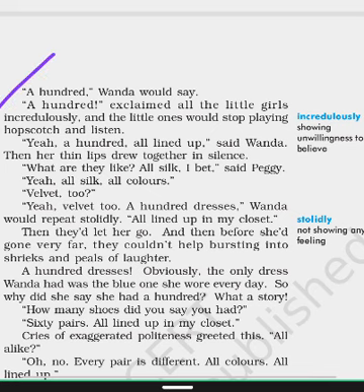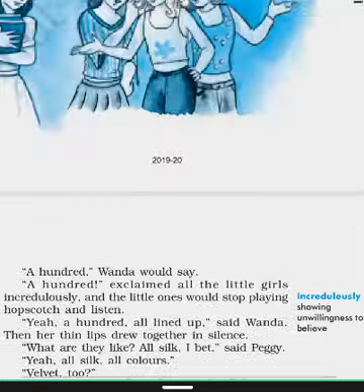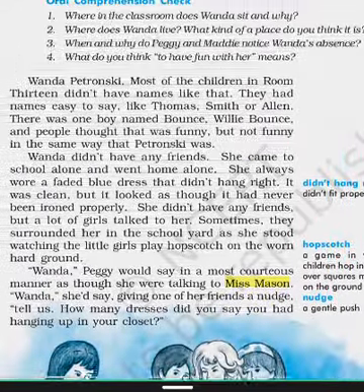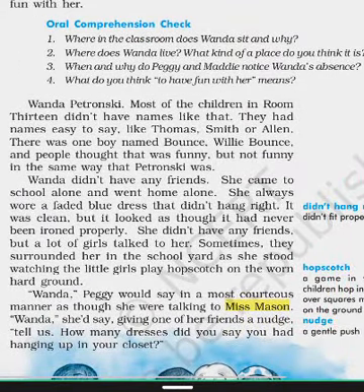Wanda Petronski says, "I have 100 dresses in my closet." And as you know, look at this paragraph and try to understand this one. She always wore a faded blue dress, which was also not ironed properly.